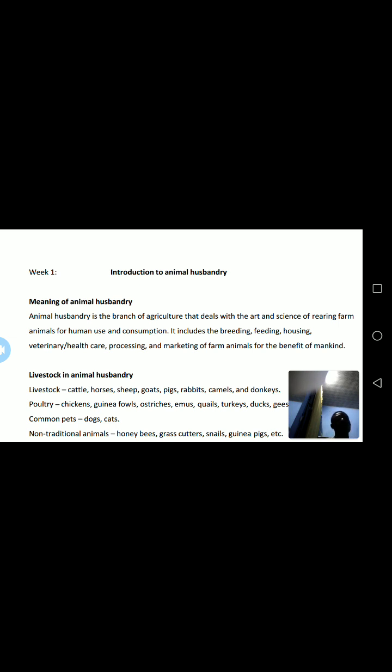This human use can be for consumption, where the farmer rears animals to eat for his own personal consumption, or he rears them to sell, that is, for commercial purposes. Are you following? All right, let's carry on.